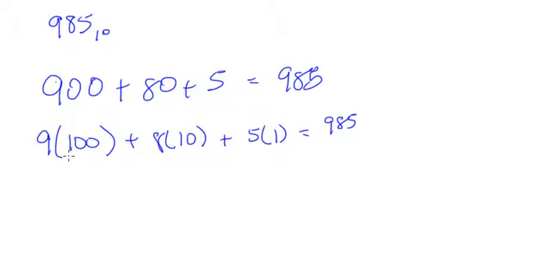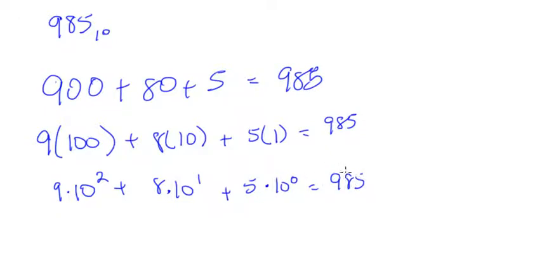We can go a step further and say now 100 can be even further reduced into a power. So 10 squared is 100, times 9, right? Plus 8 times 10 to the first power, plus 5 times 10 to the 0 power. And that still equals 985.